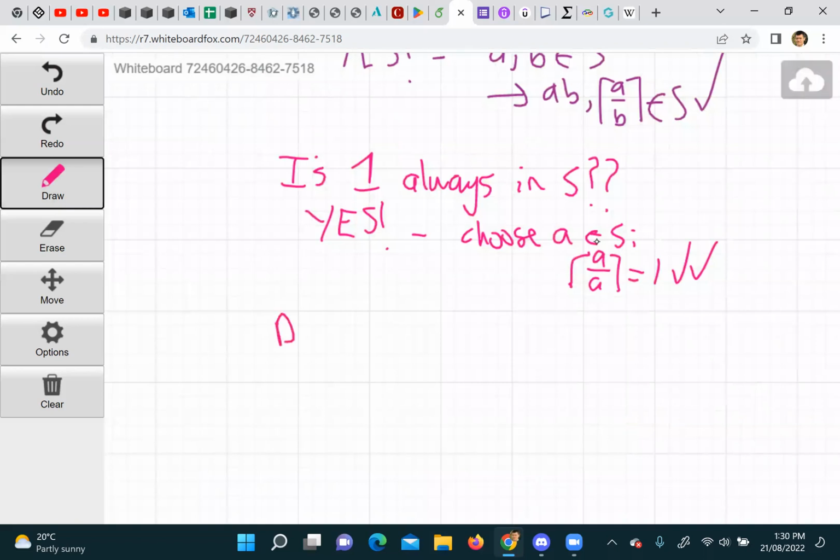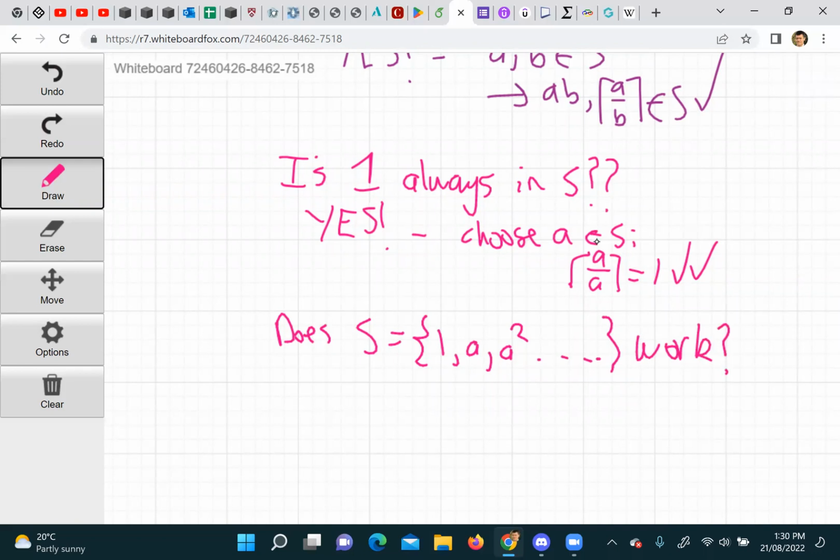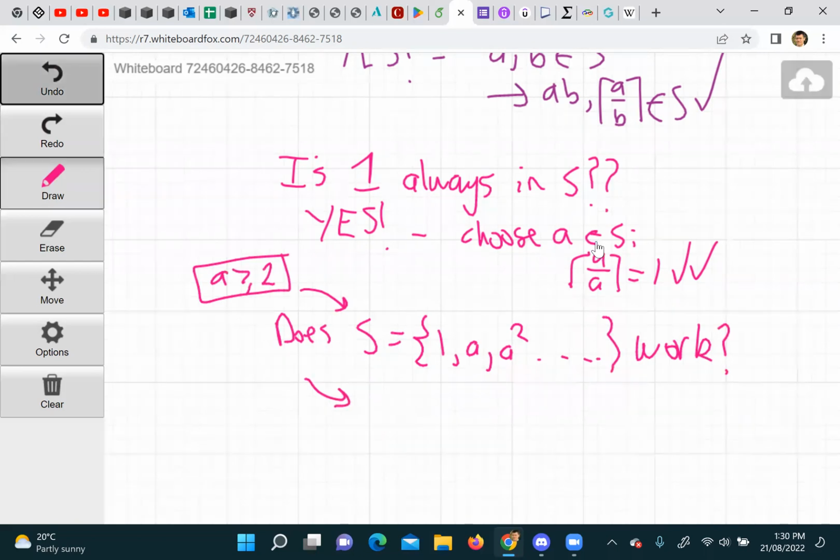Now, does S equal the powers of A work? Yes. So let's just make it, you can make A equal to 1 as well, but just to make it less silly, make A at least 2. This seems to work.